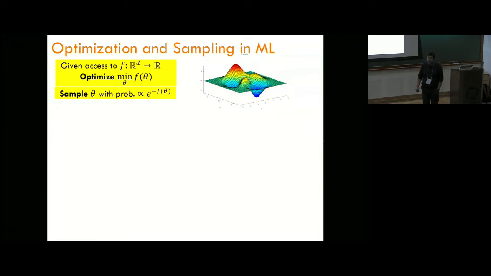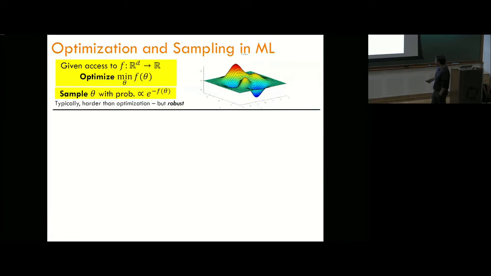You can already see that this density function favors points with smaller values of f. And so these are two fundamental problems which are driving many different areas. Sampling is often harder than optimization.